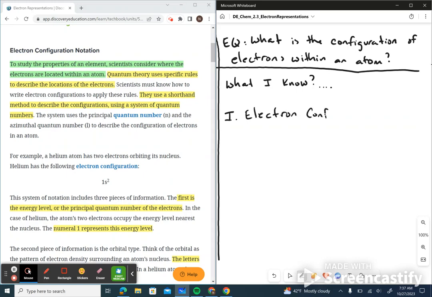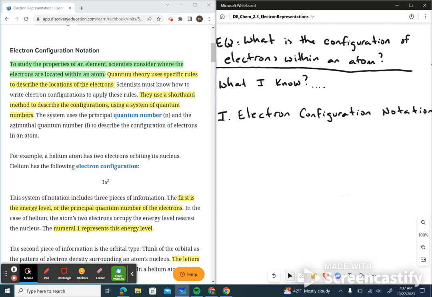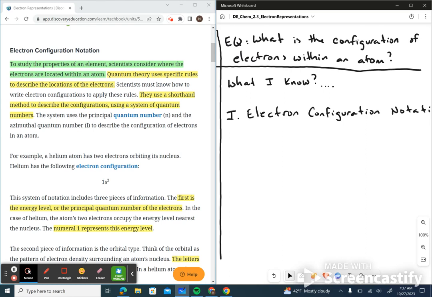Electron configuration notation. And you can see the main ideas in green. To study the properties of an element, scientists consider where the electrons are located within an atom. Okay, so it seems like there's a relationship here.